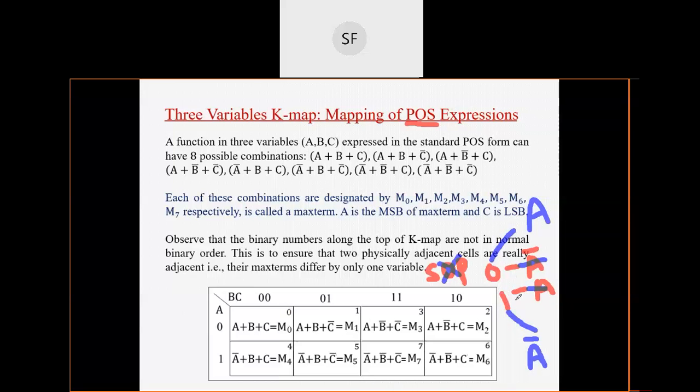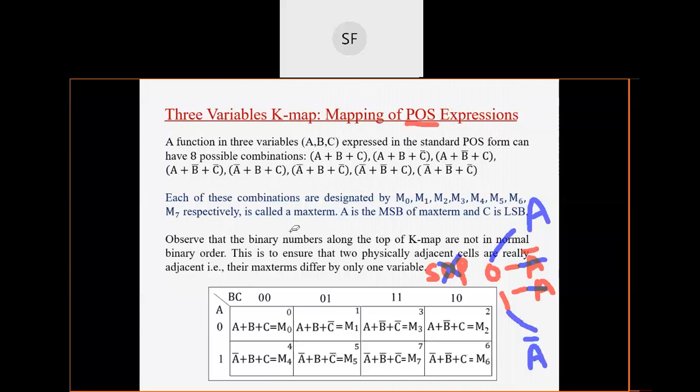And if the value 1 is there, then you have to take the complemented form. Is it fine? For the next few slides, just remember that uncomplemented form is nothing but 0 and complemented form is nothing but 1.